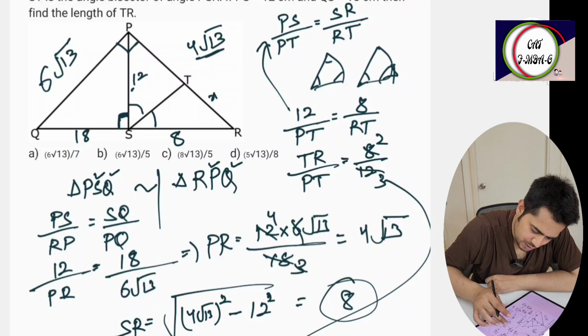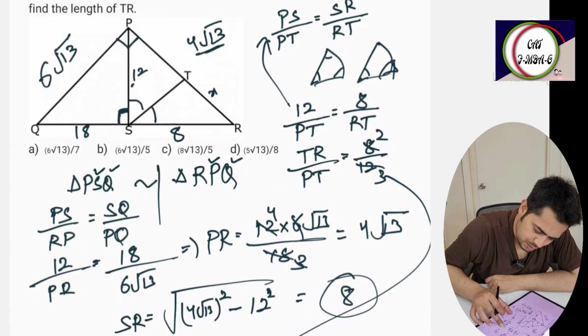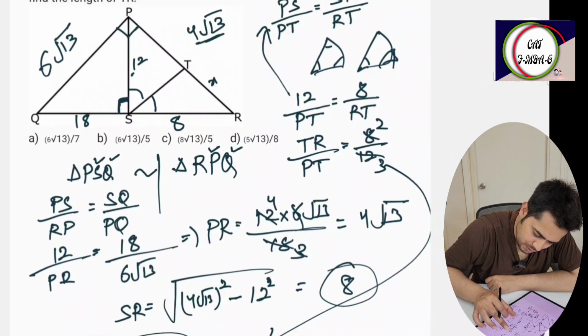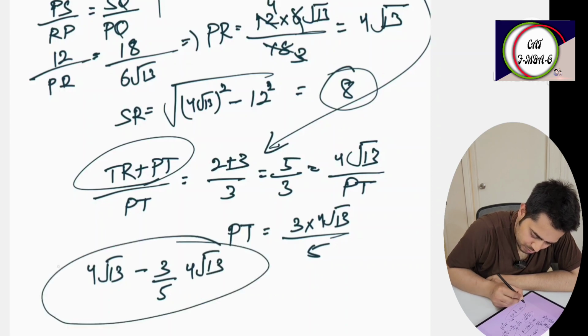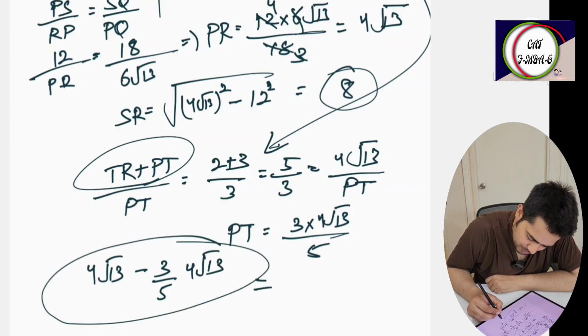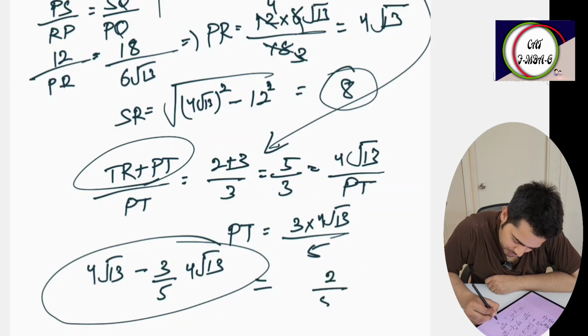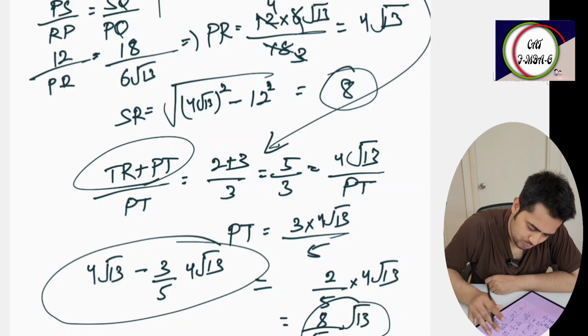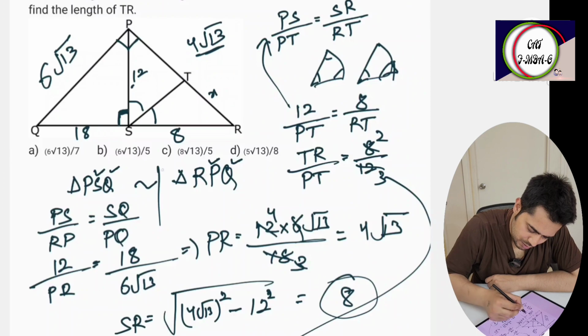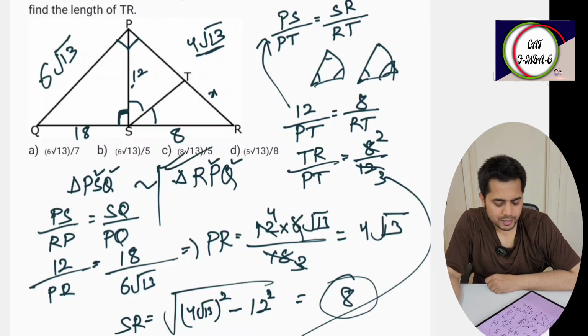And what is TR? TR is 4 root 13 minus 3 by 5 of 4 root 13. So this is 2 by 5 into 4 root 13, so it is 8 by 5 root 13. Let me check. Yeah, option C is the right answer.